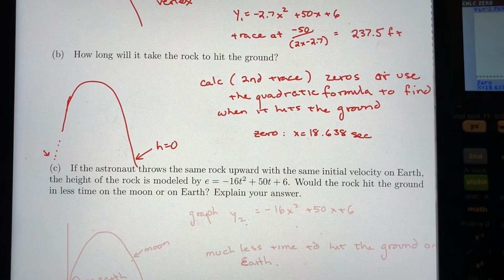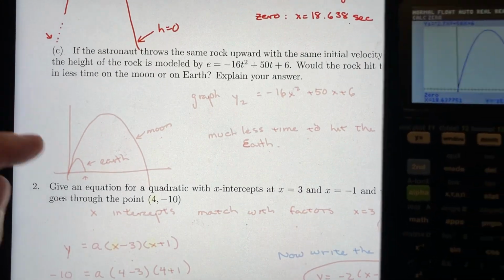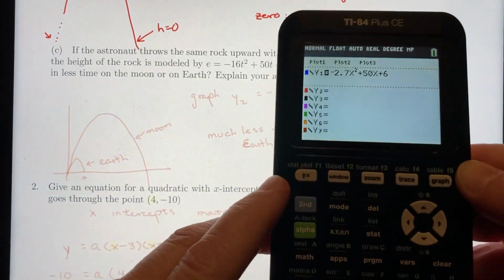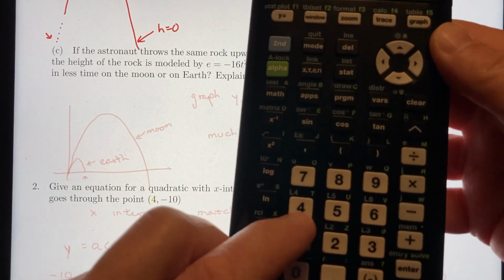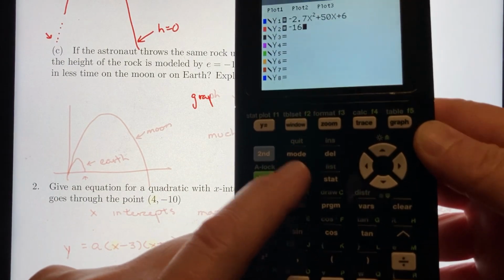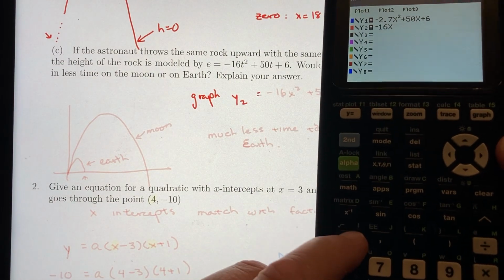Now, in order to check the thing with the Earth, I'm going to go to y equals, and without erasing the first one, I'm going to type the second one in as y2 at the same time.